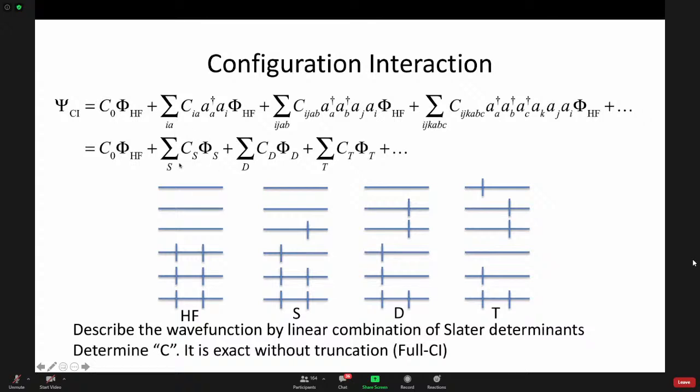We also describe the combinations of them, and also double excitation and triple excitation, and so on. For n electron systems, we could consider up to n excitation terms. If we calculate all that without any truncation, it is exact. It's called full CI, full configuration interaction, or in physics, exact diagonalization.